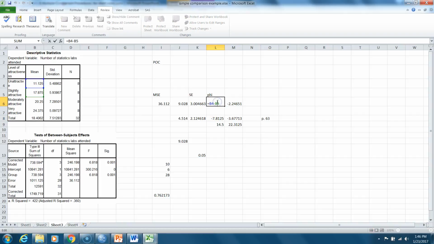Guess what the numerator is? It's group 1 minus group 2. You could do it the other way around. In this case, I took group 1 minus group 2. 11 minus 17, I got exactly 6.75, so my numerator is a negative 6.75.